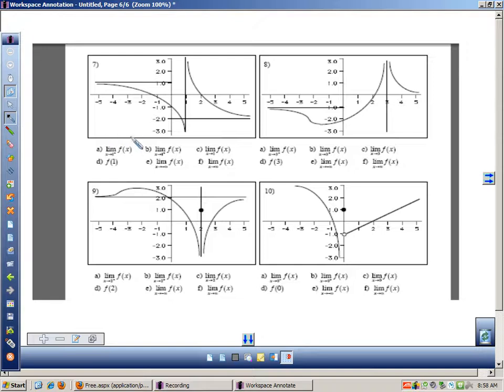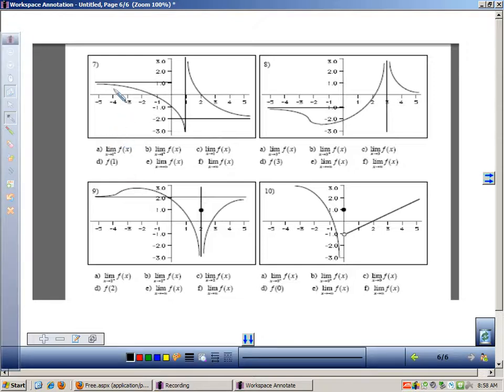So on number 7, as x approaches 1 from the left-hand side, what does our function approach? It keeps going down, down, down. We have a vertical asymptote, so this would be negative infinity.